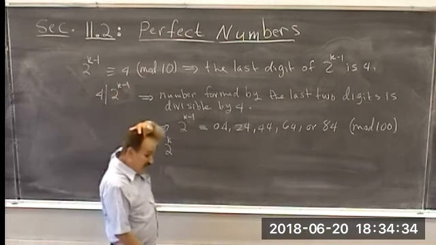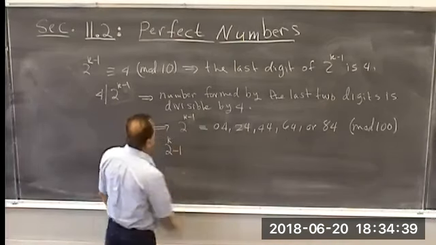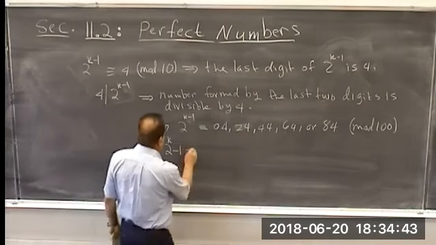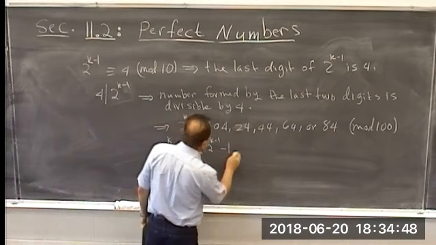Now, let me look at the other part of the perfect number, 2 to the k minus 1. This one is going to be 2 times 2^(k-1) minus 1.